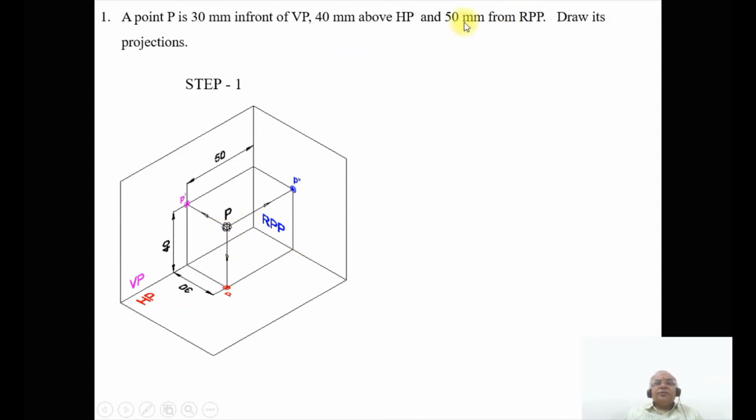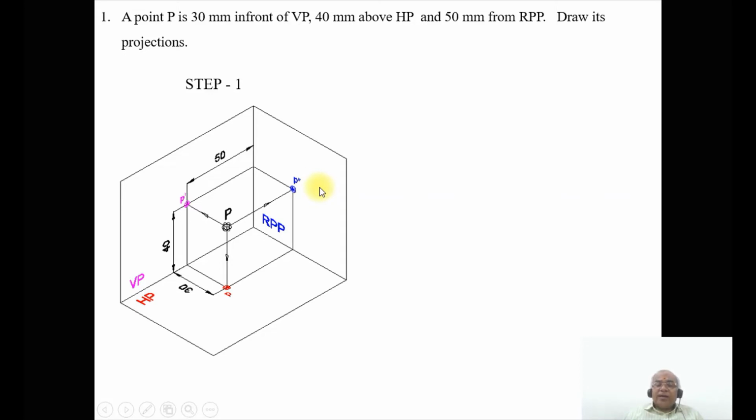So what is the distance which you can see? 50 mm from RPP. When you look from the top view, it is aligned with the right profile plane, so I cannot see the image in the right profile plane. Similarly, the front view is also aligned with the right profile plane, so obviously that cannot be seen.